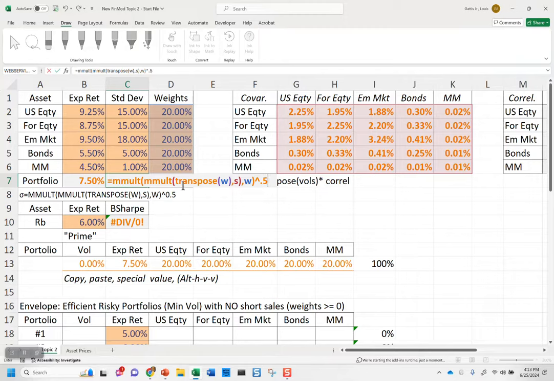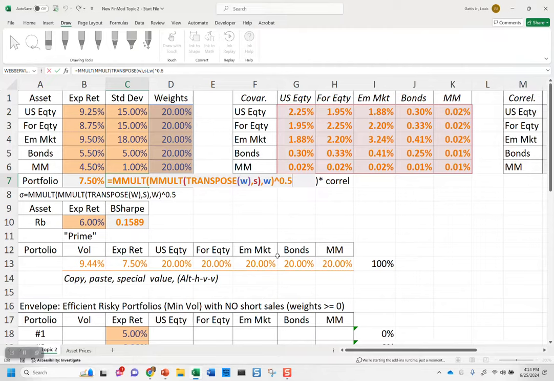That inner MMULT does the first W times S, and then that outer MMULT takes that resulting matrix and multiplies times the W column one more time. Control-Shift-Enter. The portfolio standard deviation is 9.44 for an equal weight portfolio.